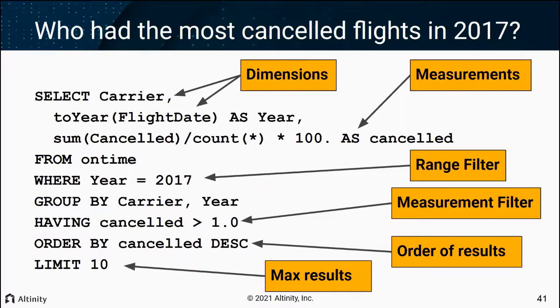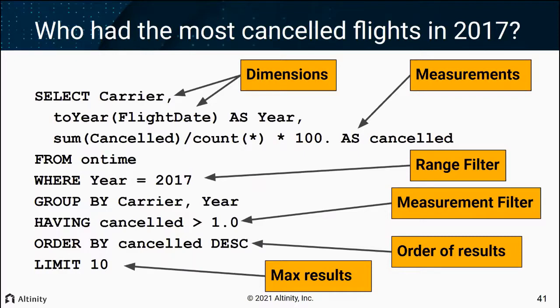We have a couple of dimensions, by carrier and by year. We have a measurement, which we're calculating as the sum of canceled flights. You'll see this if you play around with the data: there's just a 1 for any flight that was canceled. And then we divide that by the total number of flights from the table. So we have range filters to select only 2017.